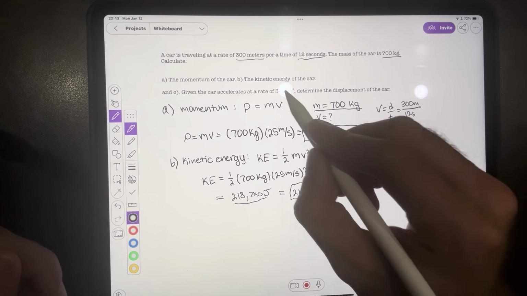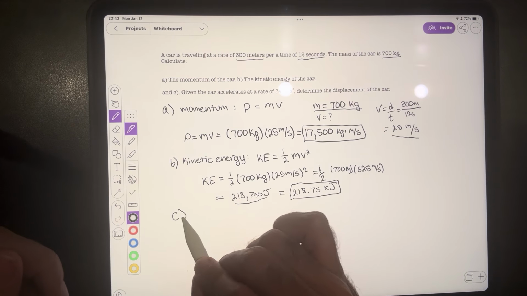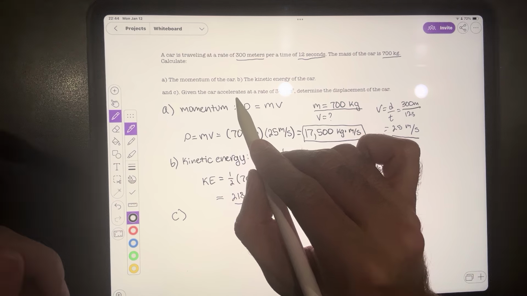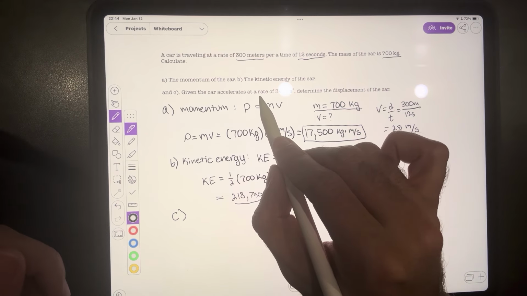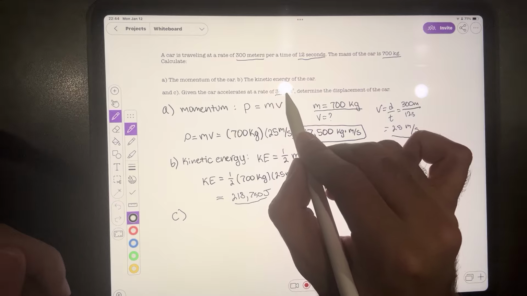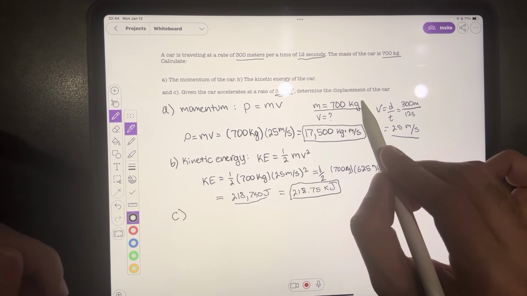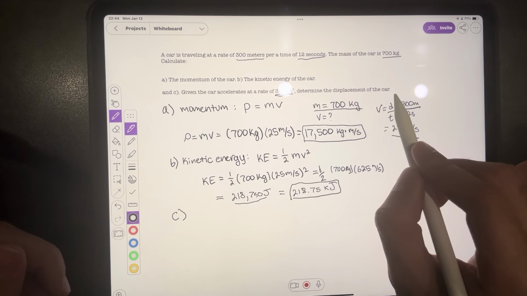Now, last but not least, given that the car accelerates at a rate of 34 meters per second square, determine the displacement of the car.